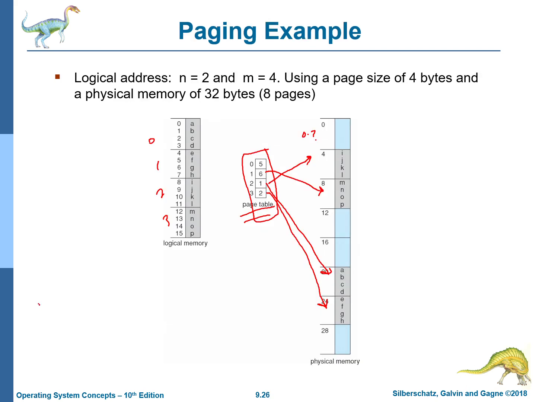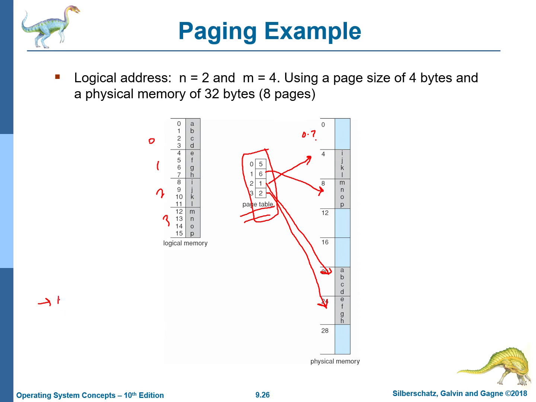The first one is that the memory access time is larger, because the page table is also part of the main memory, and the main memory itself is far away from the CPU.